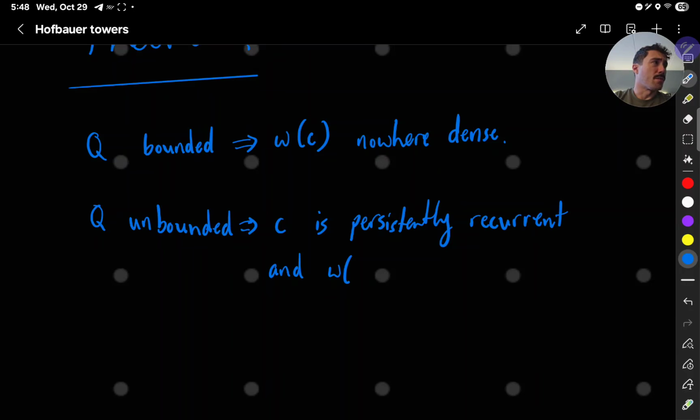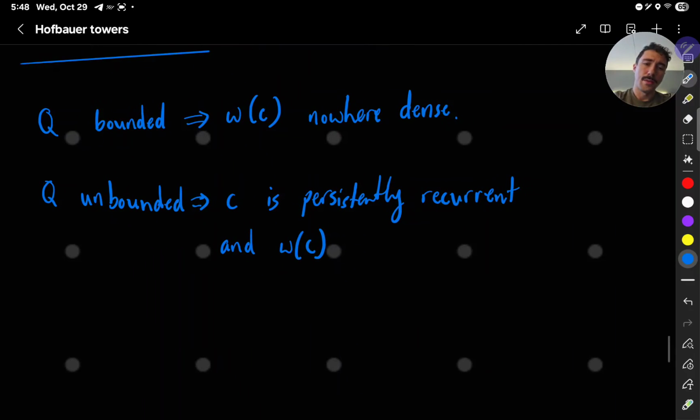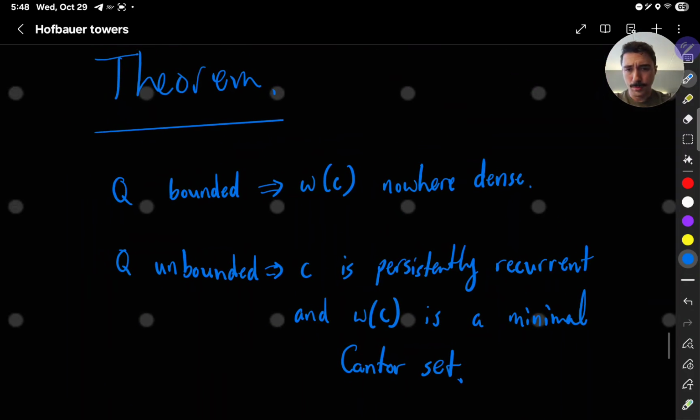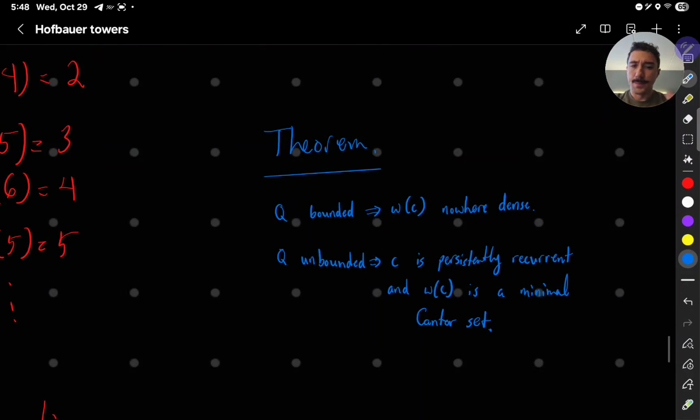It's the set of points in the domain that the orbit of C never stops coming to an arbitrarily small neighborhood of. So the omega limit set of C is a minimal Cantor set. And we won't talk about the Cantor set view on attractors of one-dimensional maps in this video, but that's the theorem.